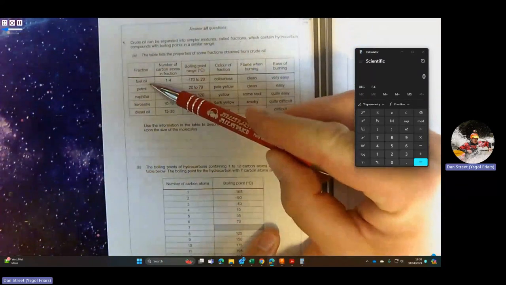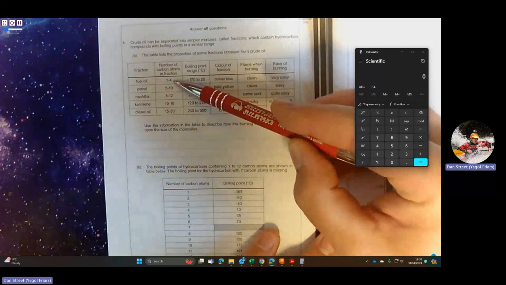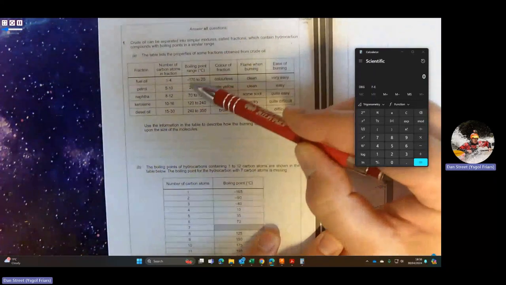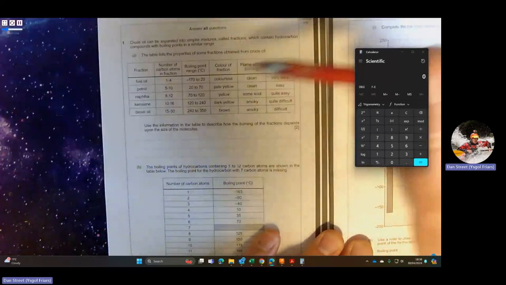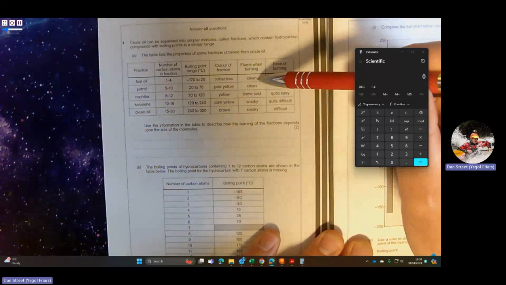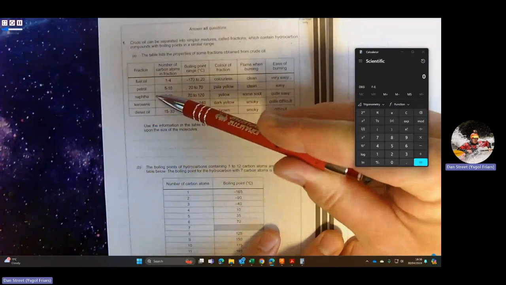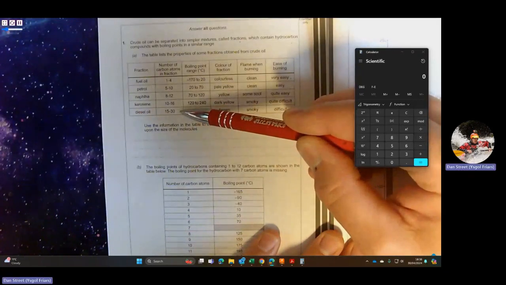It tells us that fuel oil has 1 to 4 carbon atoms in the molecules in this fraction, and it boils between -70°C and 20. It's colourless, it burns with a nice clean flame, and it's very easy to burn. As we move down the table, as we look at different fractions, the molecules get bigger because they've got more carbon in them.